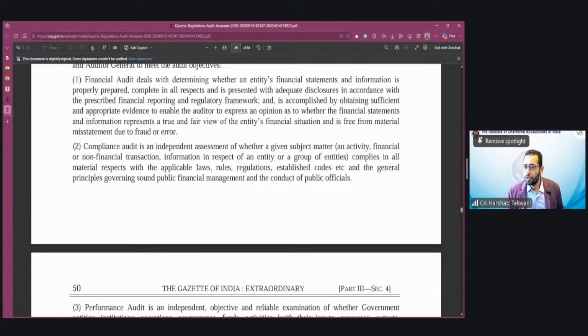So that's where the important part comes: can anyone tell me what elements you can see in this compliance audit? One such element we are talking about is the subject matter. Can you tell me what other elements there are in this compliance audit? Criteria.